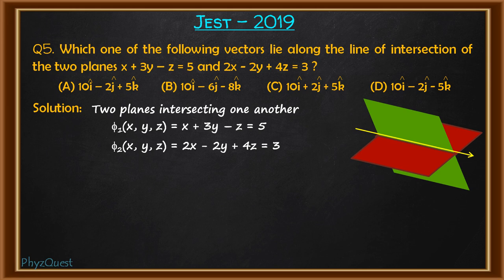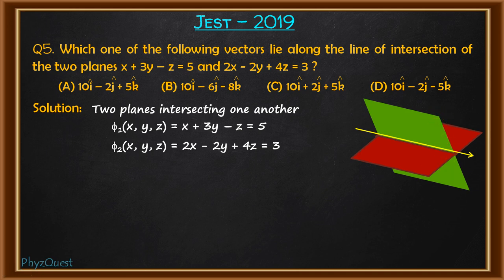So this is the vector, suppose. We need to find out this vector. Any vector which is lying on this line of intersection belongs to both the planes. So this vector is a part of this red plane as well as this green plane.